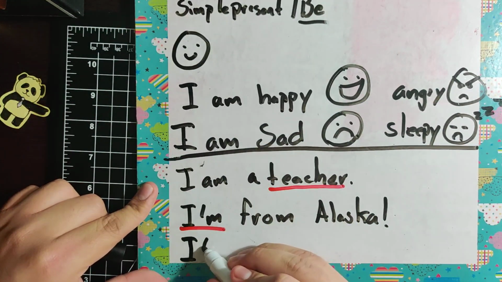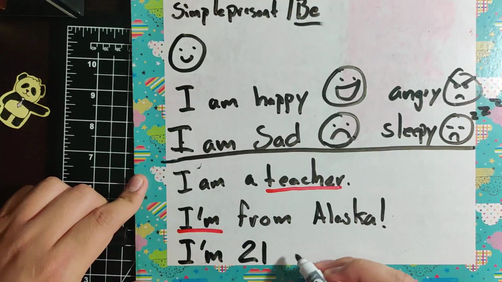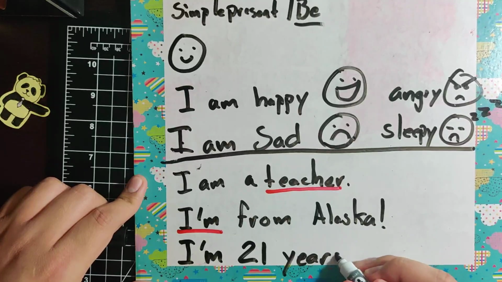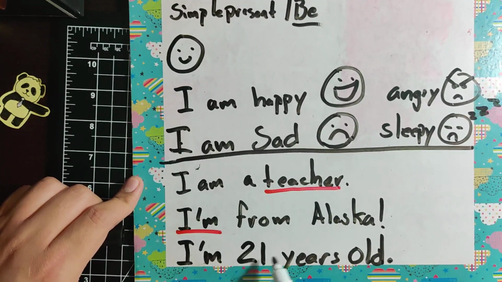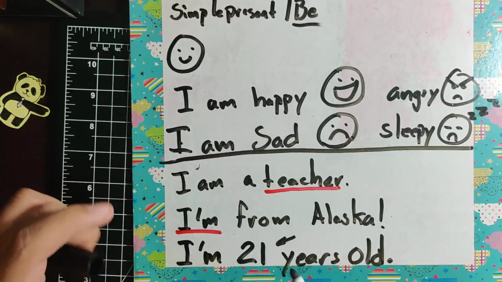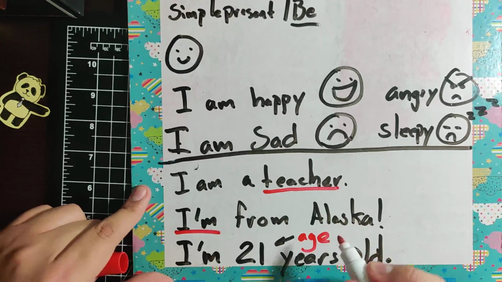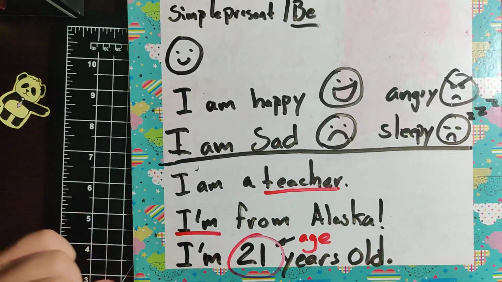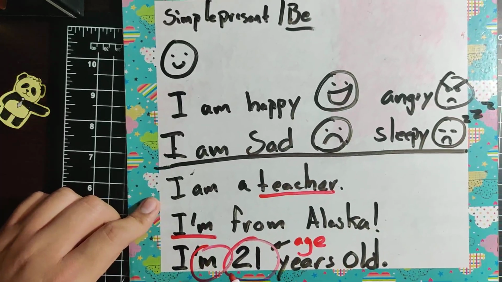I'm, let's say, 21 years old. Notice, with your age, okay, when you're talking about age, cuando están hablando de edad, you're going to use the number and you're going to use the verb to be.